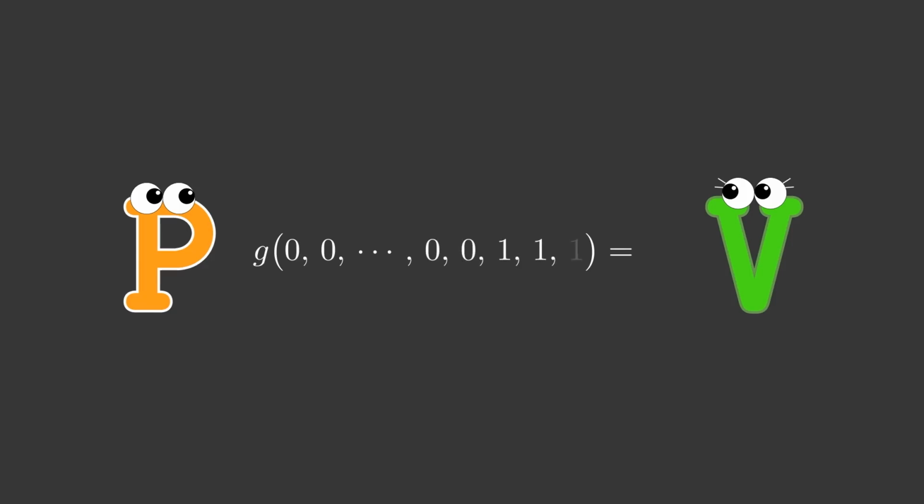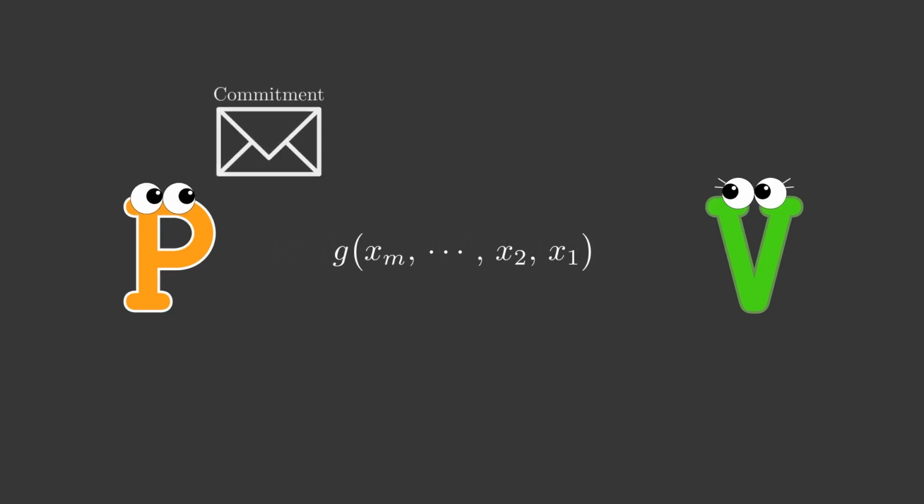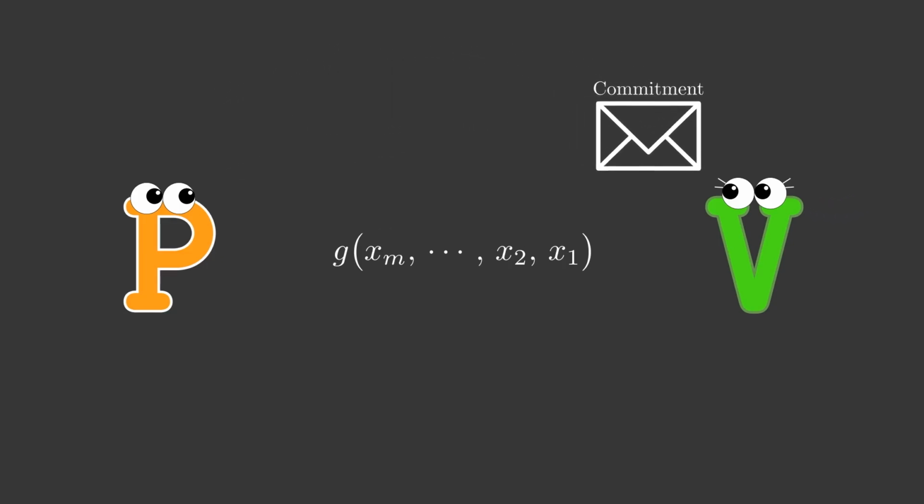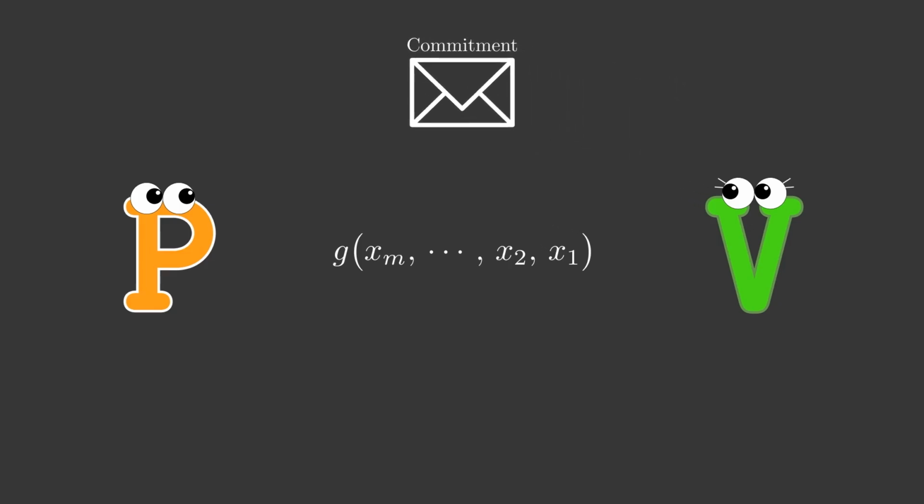To get the seventh index of the list, y_7, we evaluate the polynomial at 0, 0, 0, etc., 1, 1, 1. The prover commits to the polynomial and sends the commitment to the verifier. The commitment allows the verifier to confirm evaluations of the polynomial on its own. We refer to the commitment as the oracle.